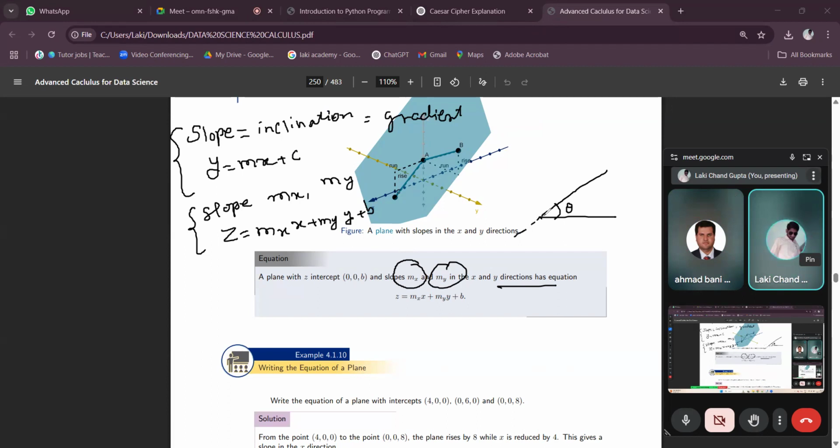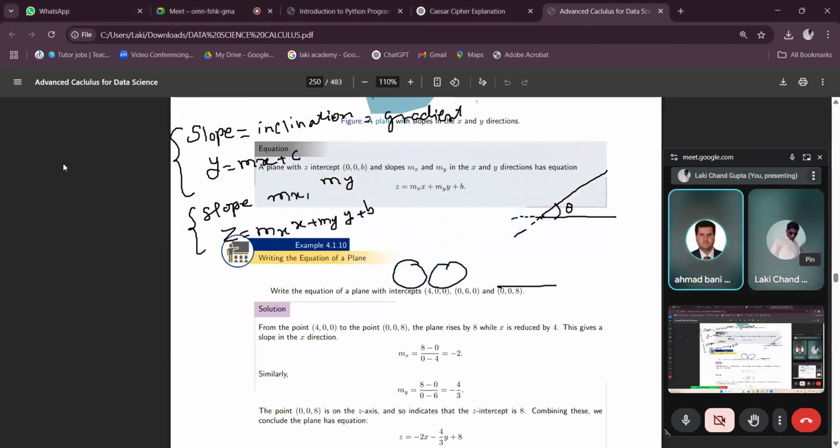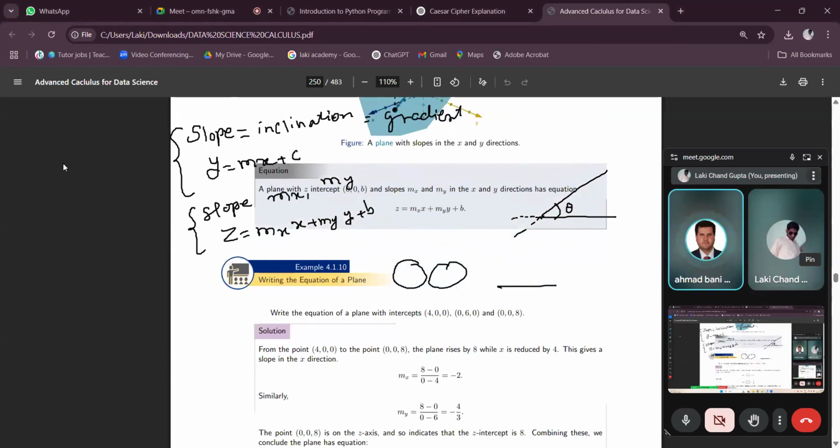Intercept means at what point the line cuts the axis. And how do we find this? By putting x equal to 0 and y equal to 0. But here we have two slopes, right?